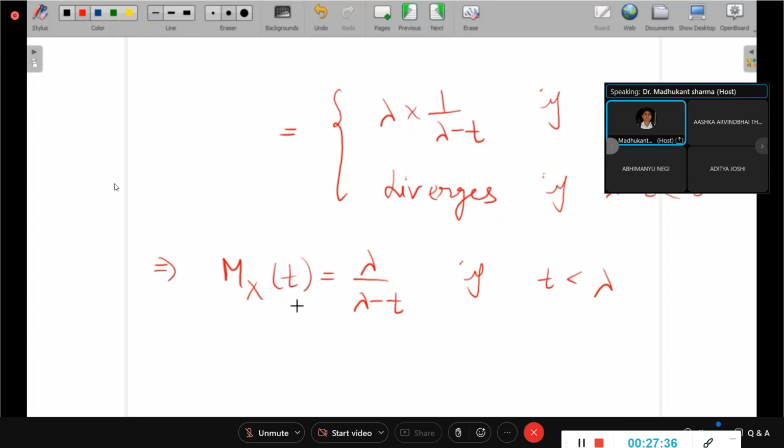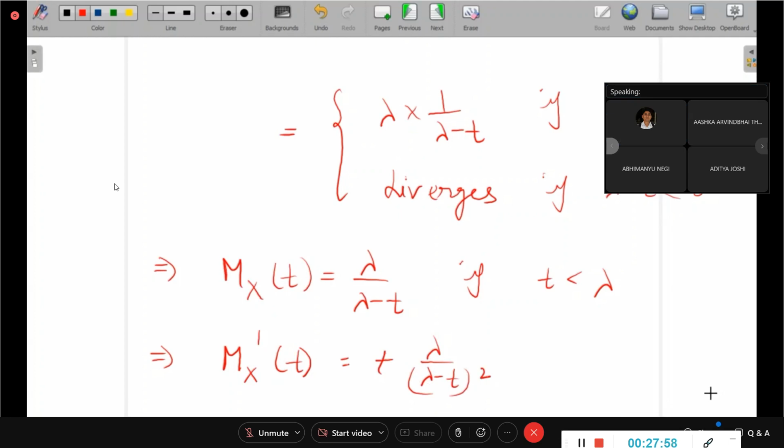Now from here you can differentiate with respect to t. The first derivative of M_X is minus lambda over (lambda minus t) whole square times one more minus, so plus. This is lambda divided by (lambda minus t) whole square.